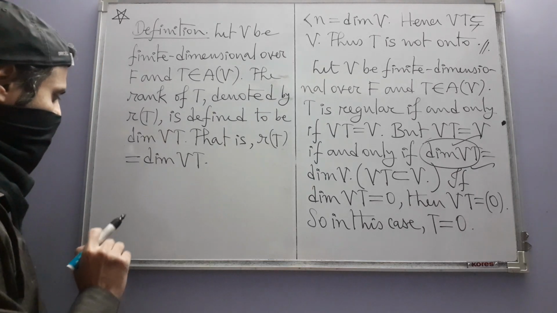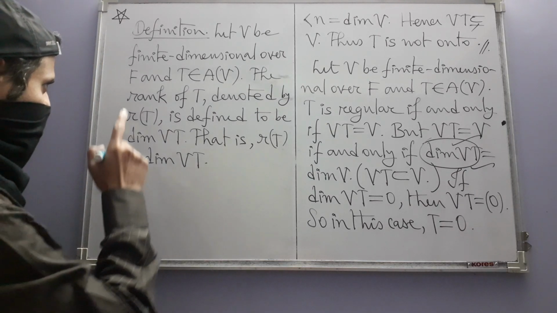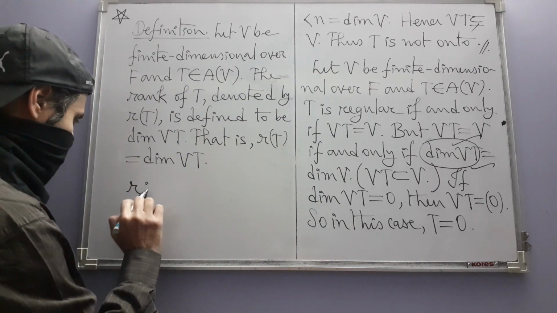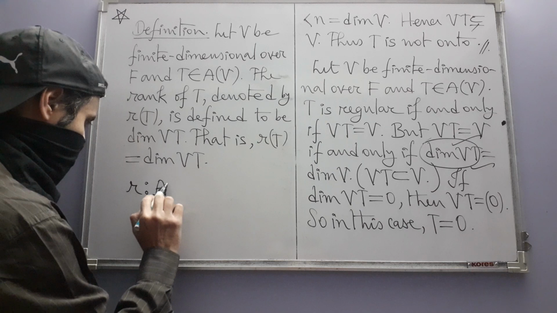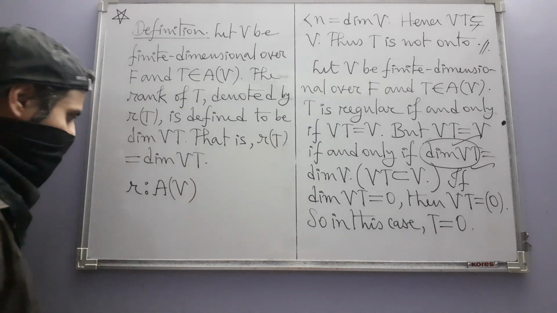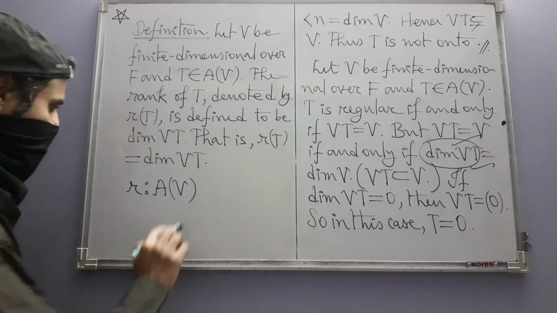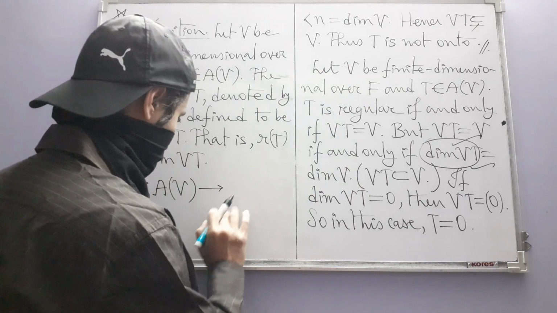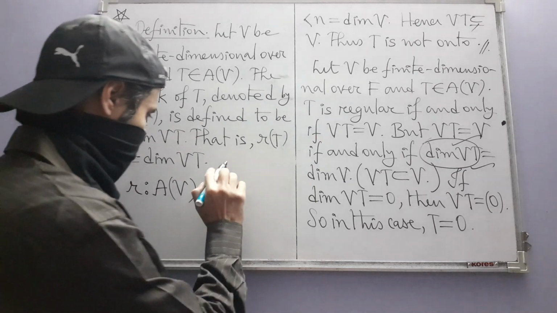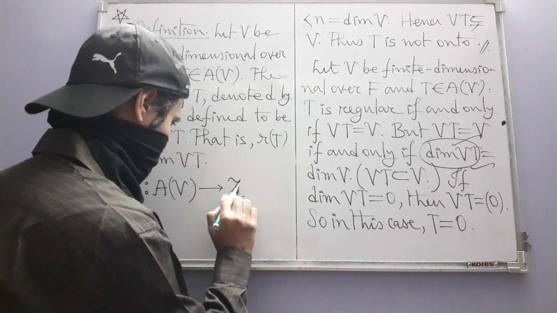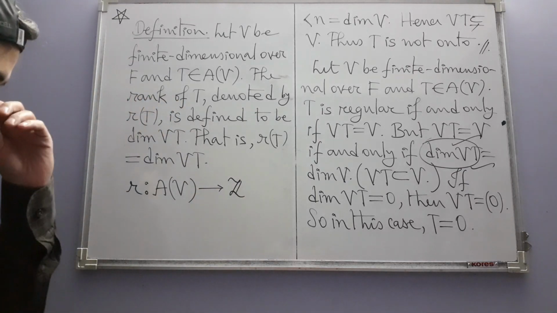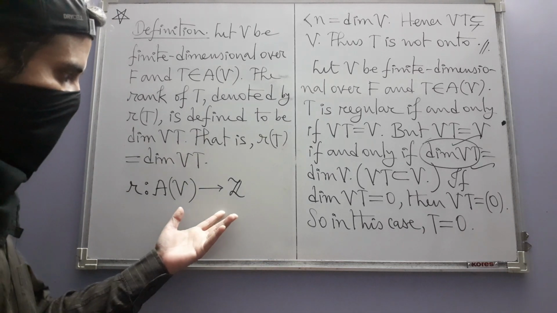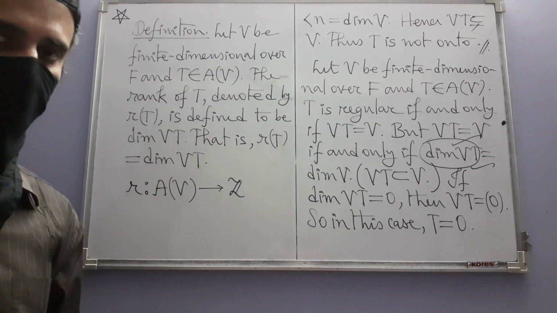Now note that this rank actually is a function itself, whose domain is the algebra of operators, and the codomain or range, whatever you want to call it, depending on how it has been named, is the set of integers, or you can also consider the set of non-negative integers.